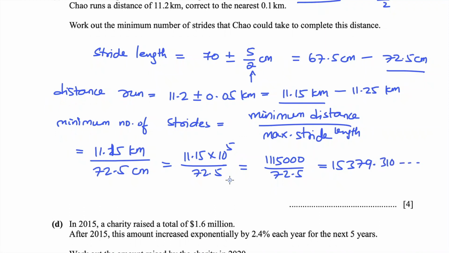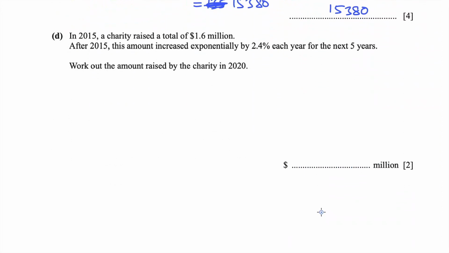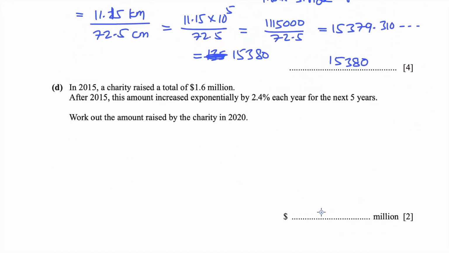That means he will take 15,379 full strides and then part of a stride. So therefore, the minimum number of strides required is 15,380. So we need to add that part stride also to get the total number of strides, and this is the final answer.